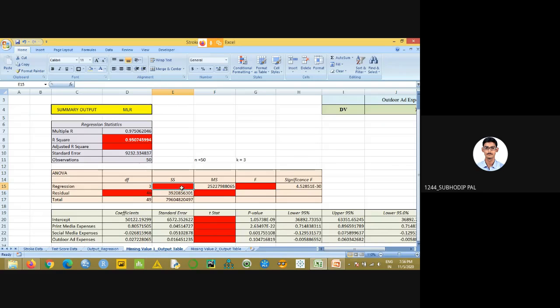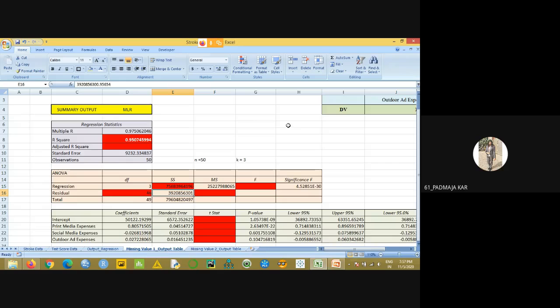Now this is SSR, right? How do you calculate SSR? Total sum of squares minus residual we can do. Yeah, perfect. This one minus this one, correct? Is there any other way in this particular table for this particular scenario?